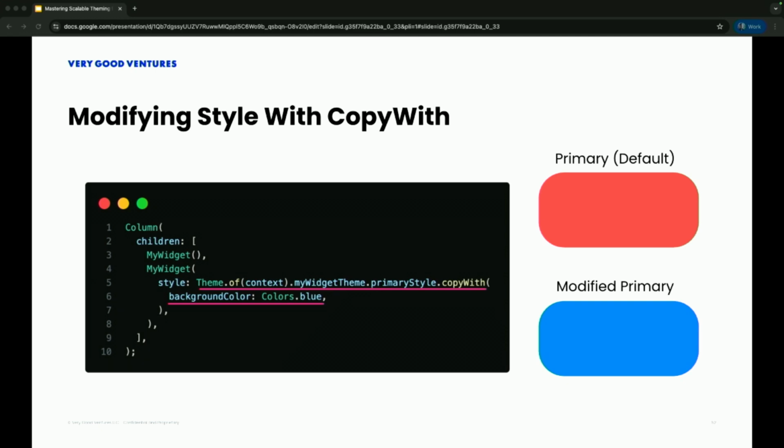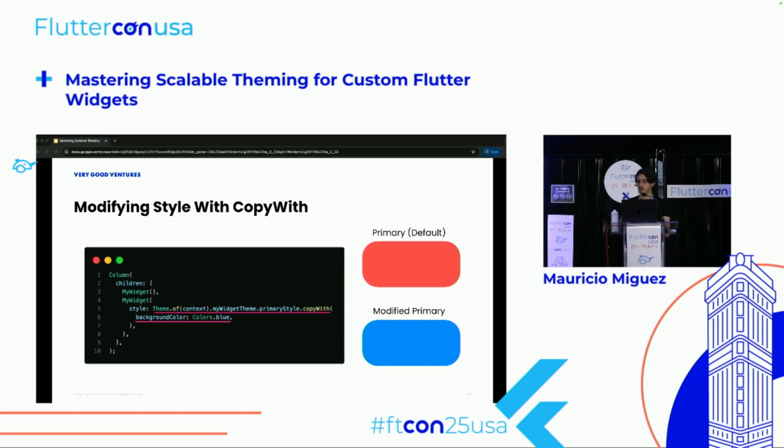In this case, I only have two properties, so it doesn't make much sense. But think of a class with a lot of style parameters. It would be a little cumbersome for a developer to create them from scratch. So this is much easier to modify specific values when your style is just a little bit different for that particular case.